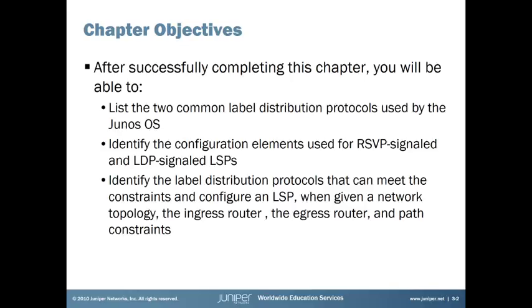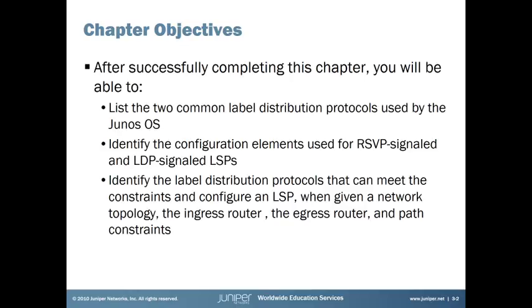We're going to identify the label distribution protocols that can meet the constraints and configure an LSP when given a network topology, the ingress router and egress router, and path constraints. So we're introducing this idea of constraints. We will go into a whole lot more detail around the idea of constraints as we go on into our next lessons.